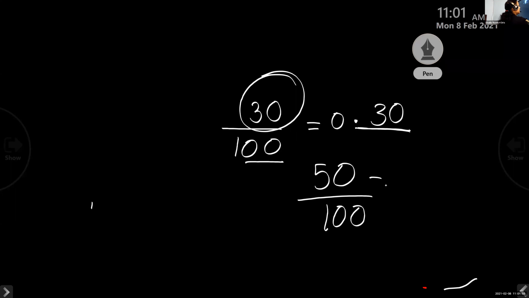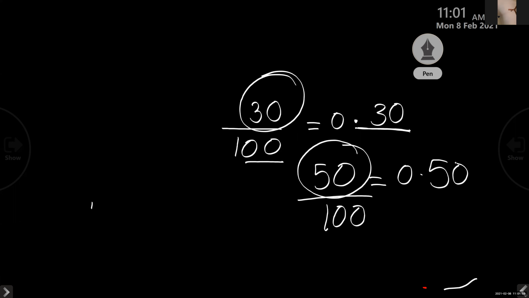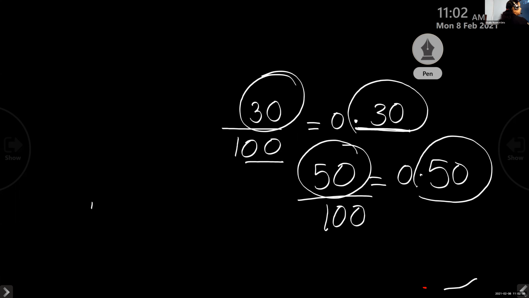So how will I write? 0.50. Now all of you please check here. After the decimal we have 2 digits, and in the denominator also we have 2 zeros. So according to the number of zeros in the denominator, that many decimal places will be there.